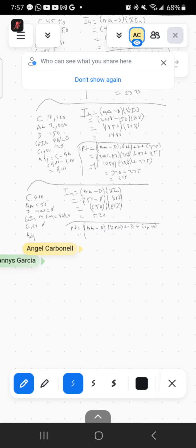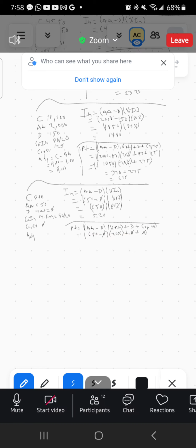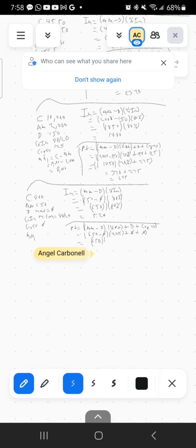Allowed amount 650 minus 0 because it's met, times the percentage for the patient because Medicare is 20, plus deductible. It says met, that means that it's 0, plus a copayment. We don't have copayment, so 0. So technically it's 650 times 20%. 130.